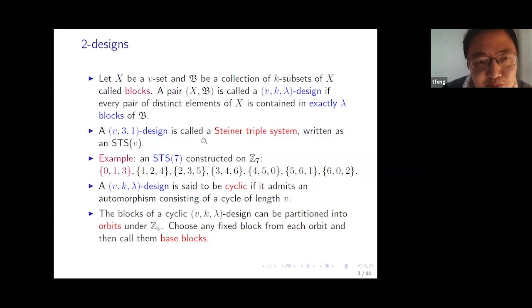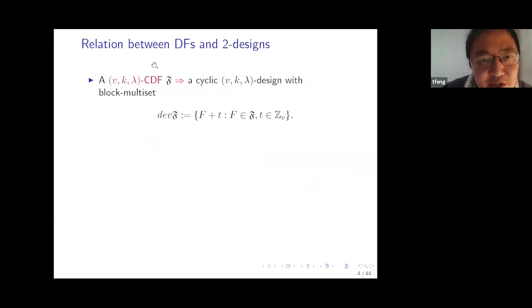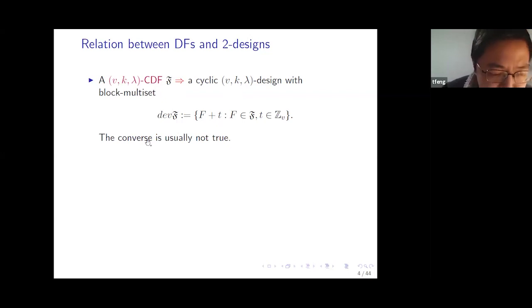So the relation between a design and a cyclic design is like this. If there is a (v,k,lambda) cyclic difference family, then we can develop all of its blocks to form a cyclic design. But the converse is usually not true, because using the above approach, all the design's block orbits are full orbits.